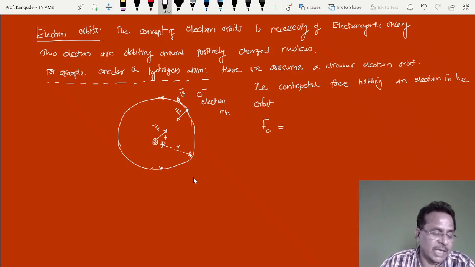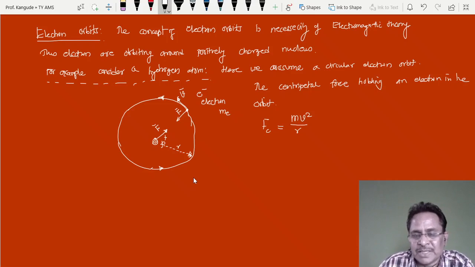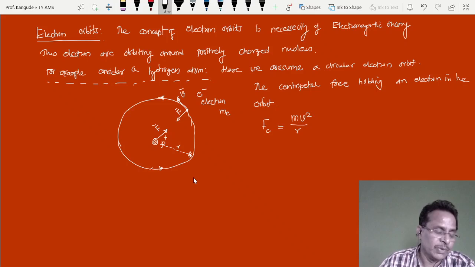Classically, centripetal force Fc is equal to mv square upon r, where m is the mass of this electron, v is its velocity, and r is its distance from the nucleus. This is the simple example of centripetal force.